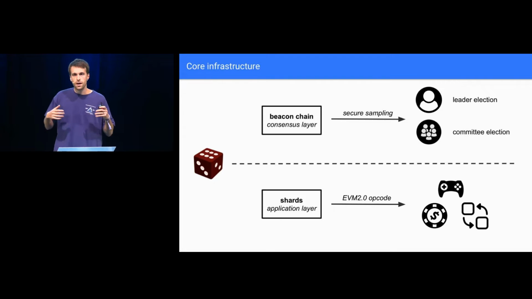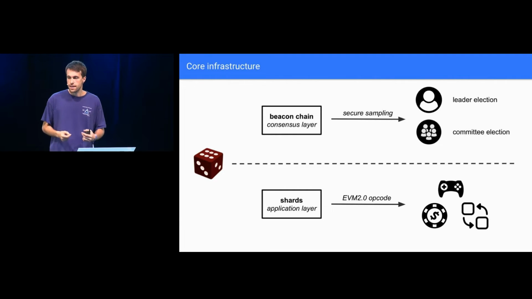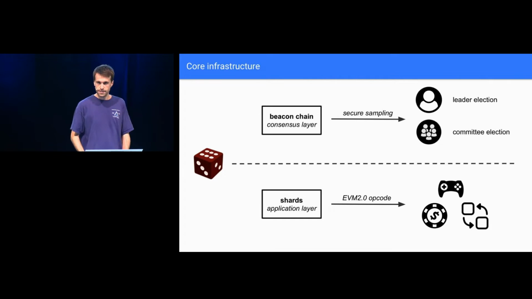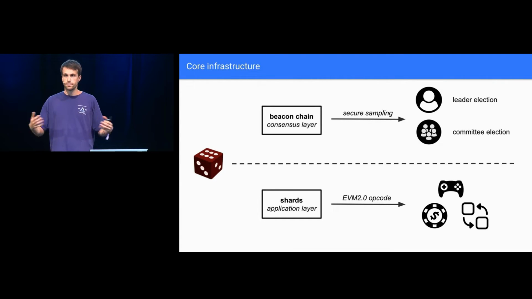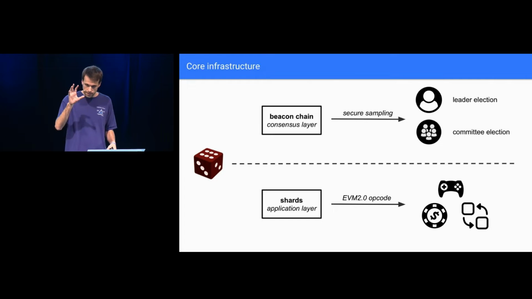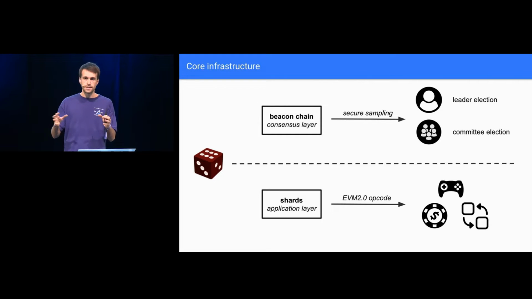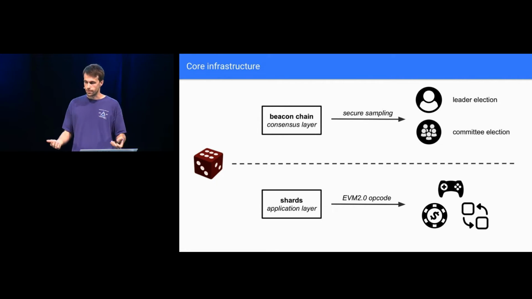So we use the randomness in two different places. We use it at the consensus layer in the beacon chain, and basically we're doing secure sampling of validators. We have this huge pool of validators, each with 32 ETH. That could be 100,000 or even millions of validators, and we're sampling what we call leaders and committees, and that's part of the process of Ethereum 2.0.